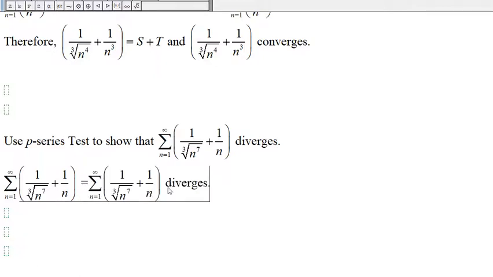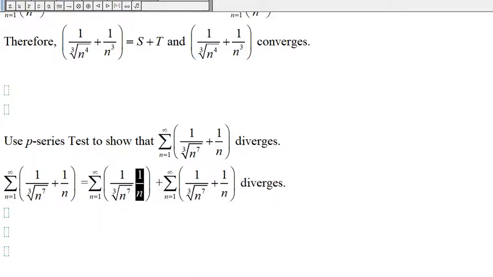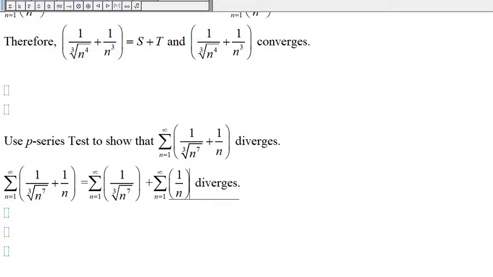This is the summation of a sum, so we can write it as the sum of summations. So this is summation of this sum, and it becomes the sum of two summations.